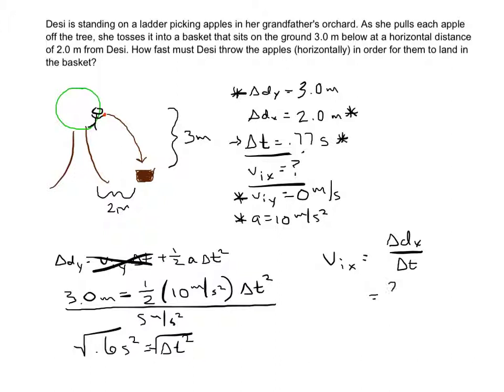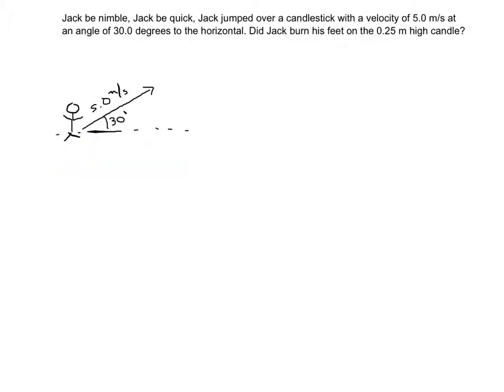So all we have to do is take that 2.0 meters divided by 0.77 seconds, and we should get there 2.6 meters per second. So her initial velocity in the x direction, maybe I should have circled this piece too, should be 2.6 meters per second.